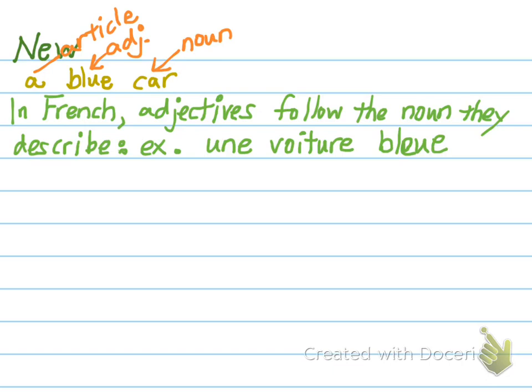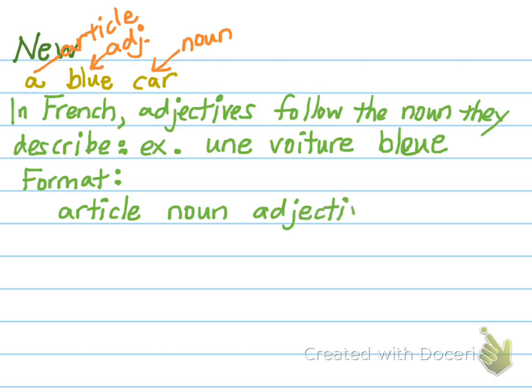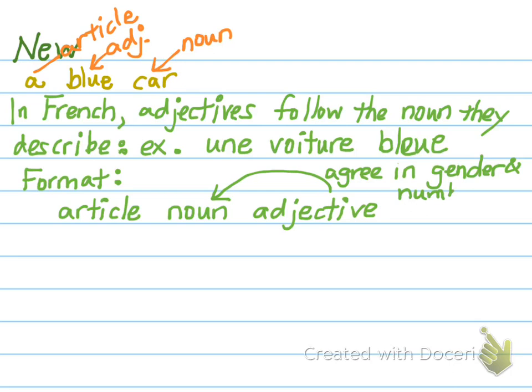So it'd be une voiture bleue. So, again, the format here is article, noun, adjective in French. And again, this adjective still has to agree in gender, masculine and feminine, and number, singular and plural, with that noun.